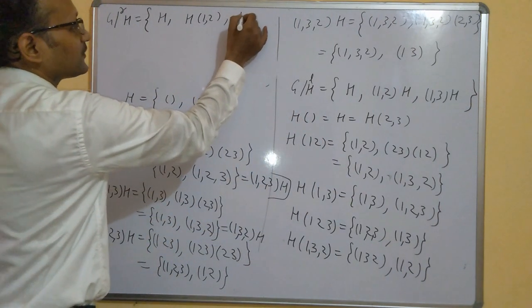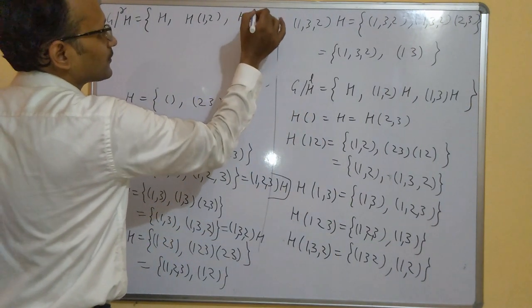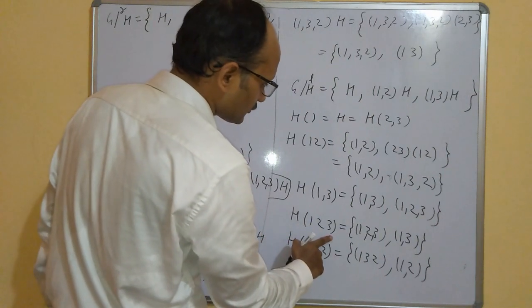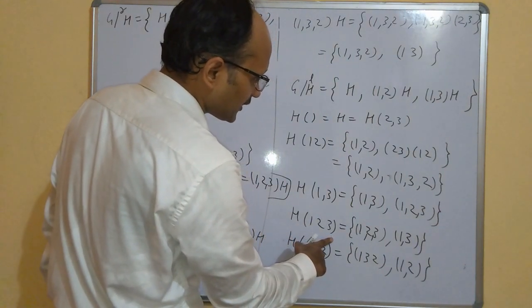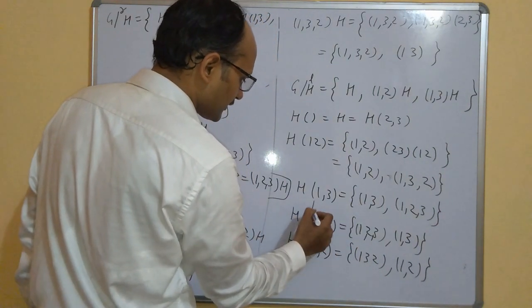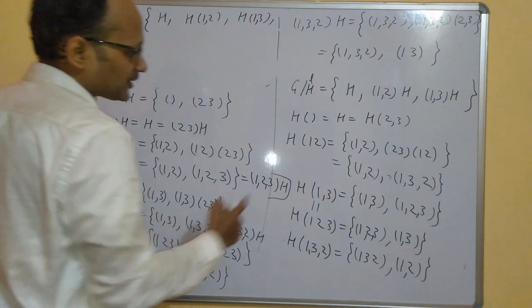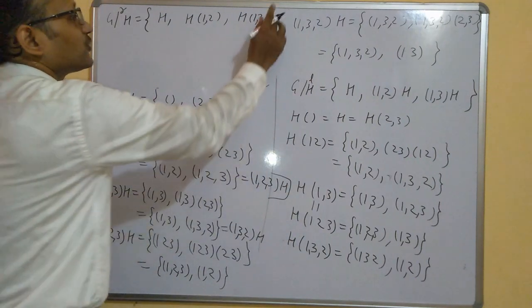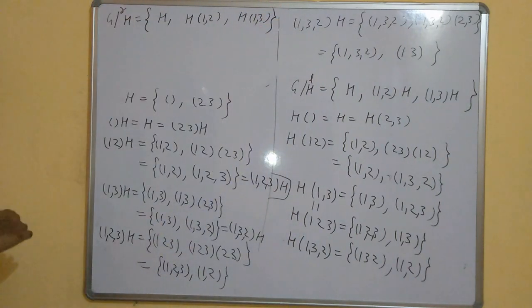Yes, H(1 3) and H(1 2 3), but (1 2 3) and these two are same thing, and similarly these two are same thing. So no need to write any other element, these are same.